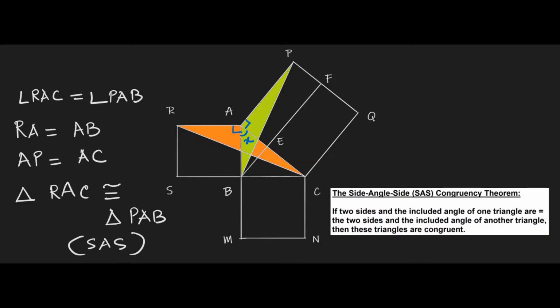So the area of triangle RAC is equal to the area of triangle PAB.